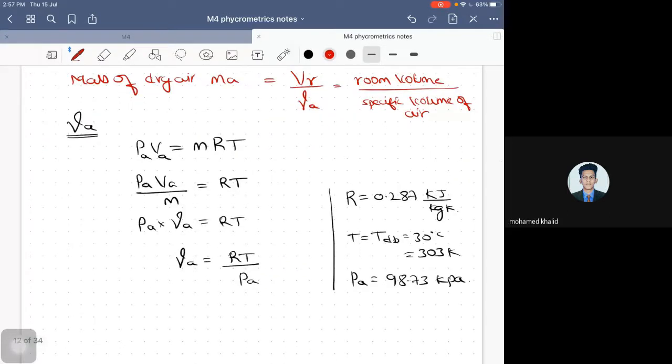So now substitute it. R value was 0.287 cross 303 divided by 98.73.